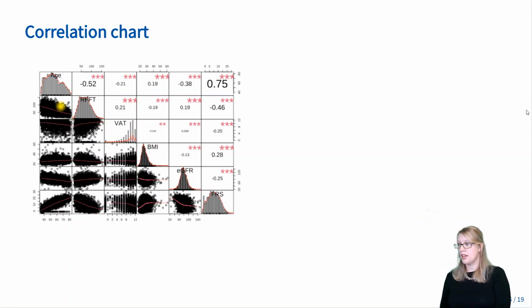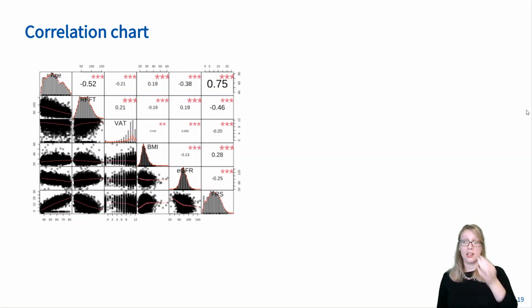So this first one is the scatter plot of age and the RFFT test score. Down here at the bottom, we have age versus the Framingham risk score, and so on. So all of these scatter plots give us a quick way to see how the variables relate to each other. Now, these definitely aren't the prettiest looking scatter plots in the world, but they do the job for giving us a rough idea of what the data looks like.